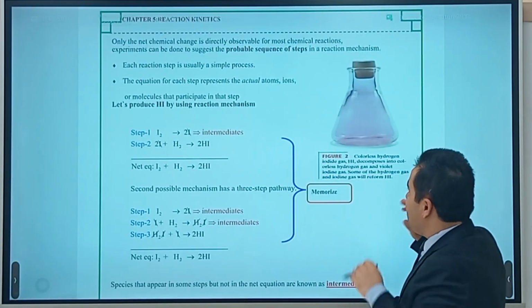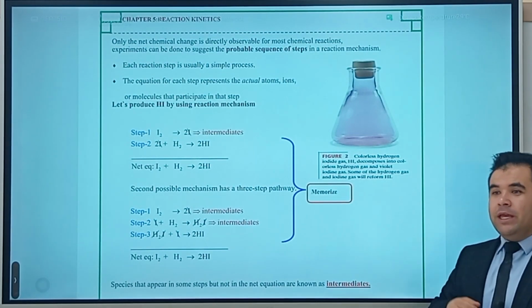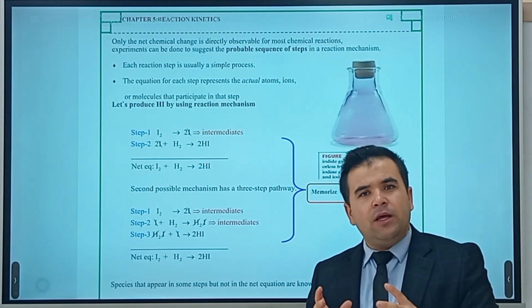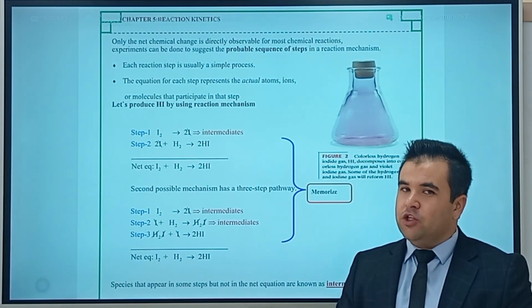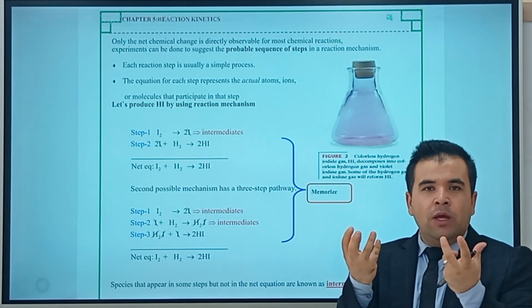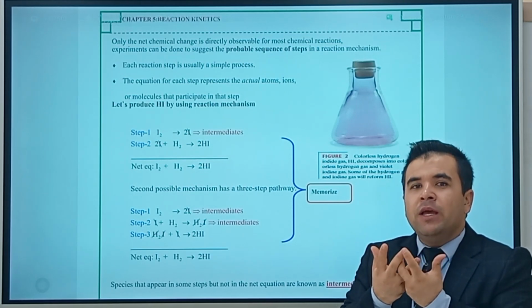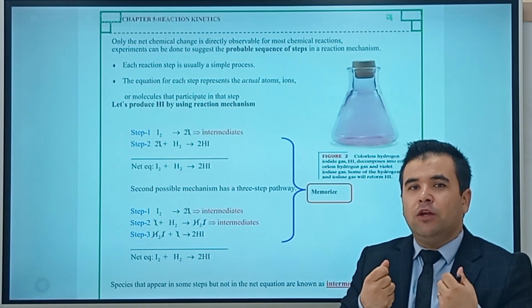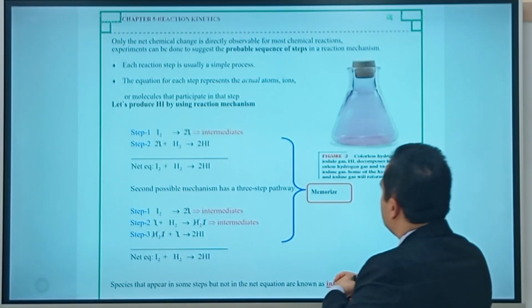But guys, when we add H2 and I2 into a closed container, they will not react spontaneously with each other. Why? Because as I2 and H2 come closer, the atoms come closer to each other, the electron clouds repel each other, and there will not be a spontaneous reaction between those two clouds.